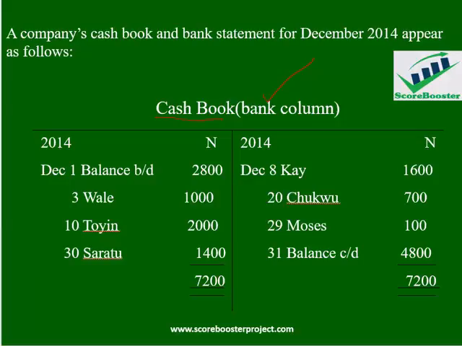Now, the first step, this is what we have. This is our bank, the balance brought forward from December 1. Probably Wale paid you this, Tony paid you this, Saratu paid you this. They come to your account in the form of check. You pay K. You also give a check to Chuku, then you also give a check to Moses.